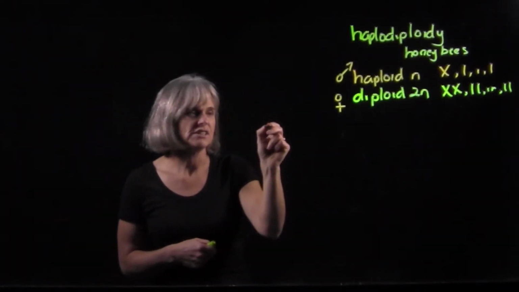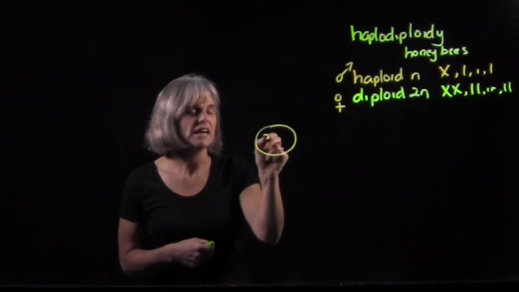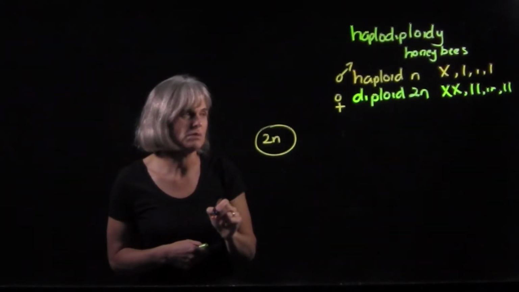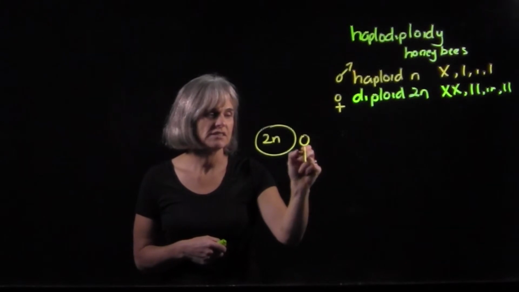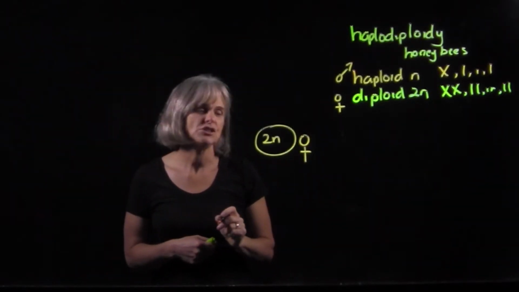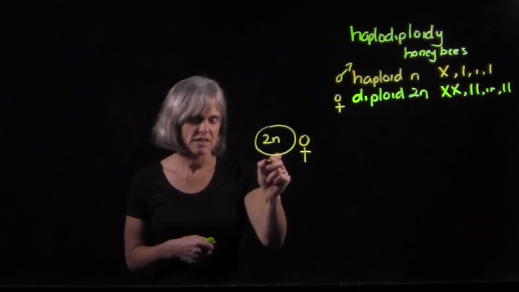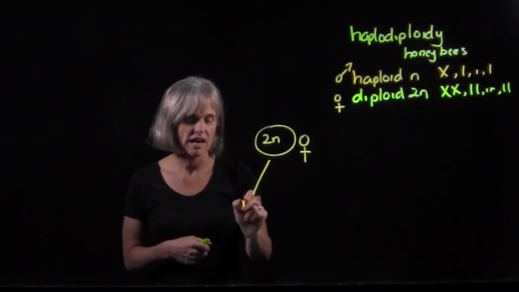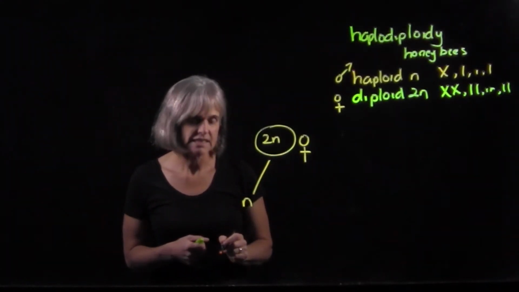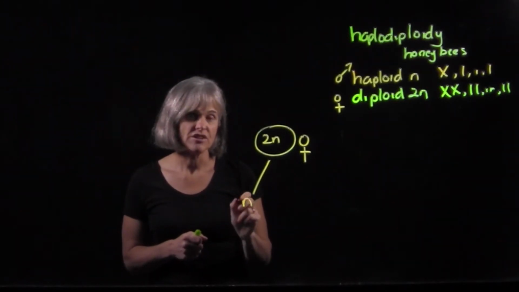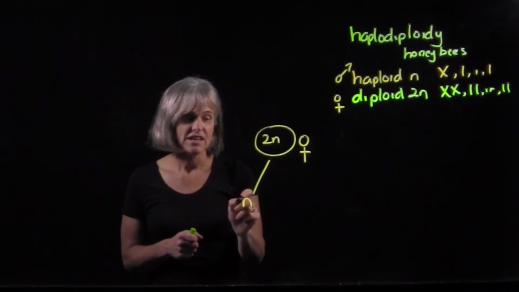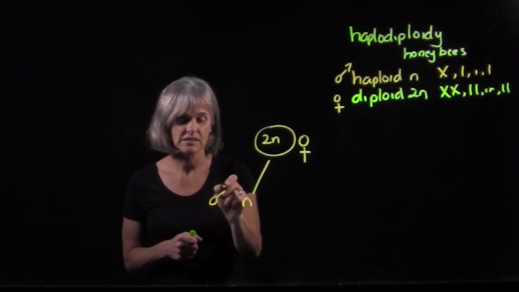So imagine we have a female honeybee here, this would be the queen, and she makes many, many, many eggs. Those eggs that she makes are haploid. If those eggs are not fertilized, they go on to make male honeybees.